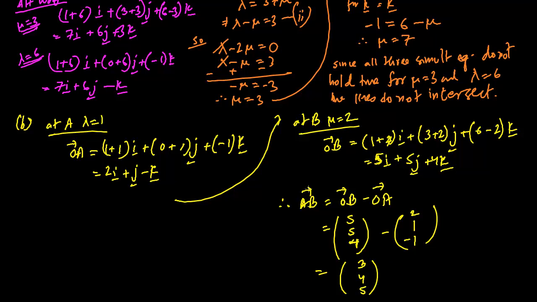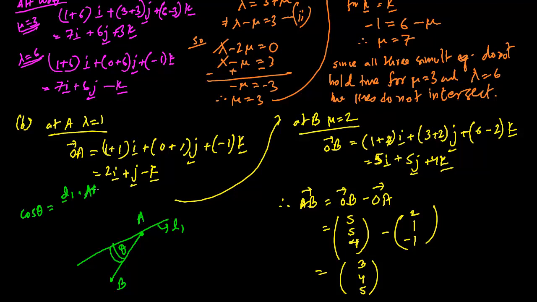Now in order to find the angle between the line L1 and AB, this is what it looks like. This is L1 and this is AB. We know A lies on the line L1, so this is A, so this is B. So this is the angle we're looking for. Remember the rule. The rule is cos theta equals direction vector of L1, let me call this D1, dot direction vector of AB.